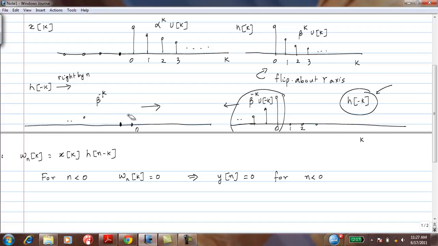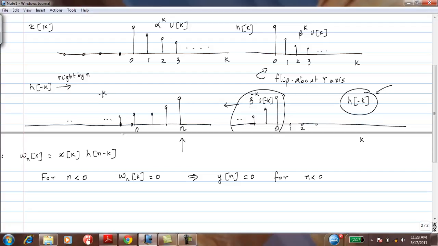So what happens is this signal gets shifted to the right. So the new shifted signal is going to look like this. It got shifted by n to the right. So this is now n. Notice this is important. This is n.